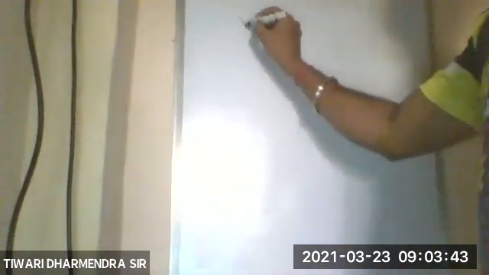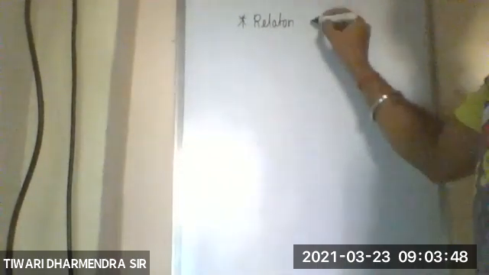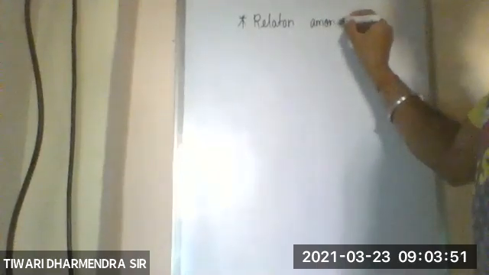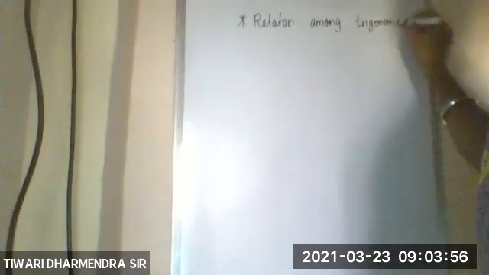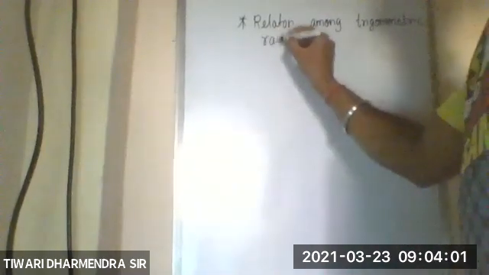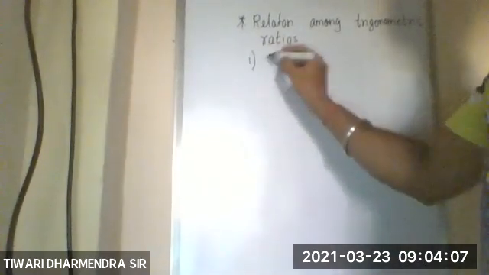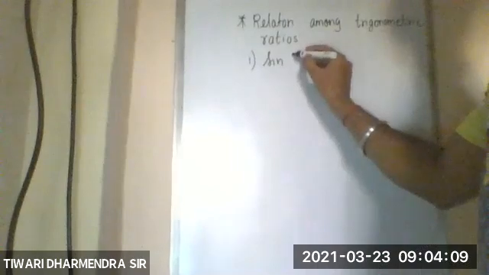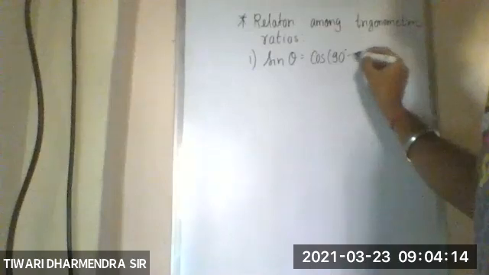Whatever we have derived, just copy it down. Relation among trigonometric ratios. So what relations have we derived? First relation was sine theta is equal to cos of 90 minus theta.